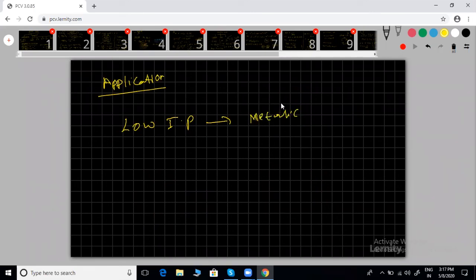Then I hope you can find out that highest ionization energy means non-metallic character. You can find out the reactivity order also. Whichever has the lowest ionization potential, those act as strong reducing agents.